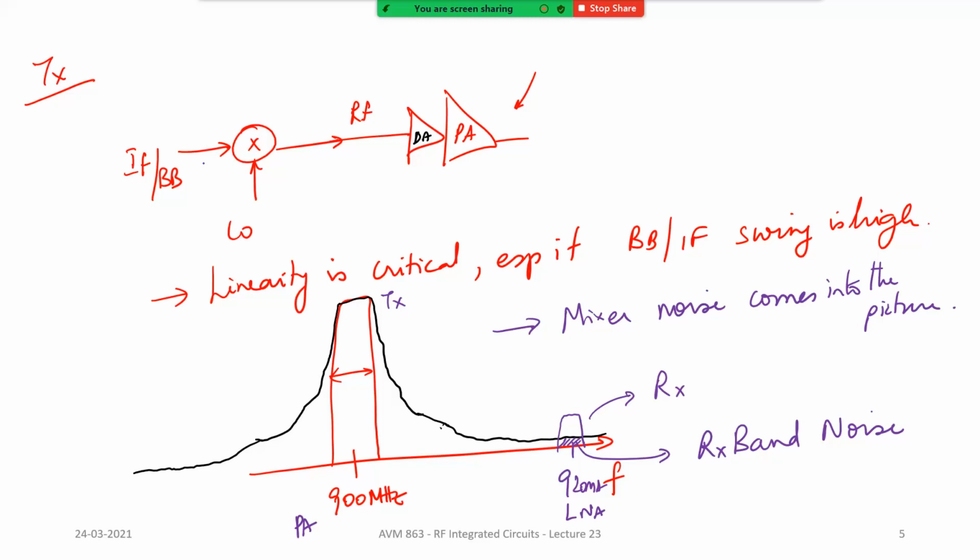So in the TX band, you really don't care so much about noise. But what is of concern is the noise in other bands. Because you cannot have very sharp filters, the noise which is there in the other bands will affect the performance of your receiver, which can potentially sit in one of these close by bands.